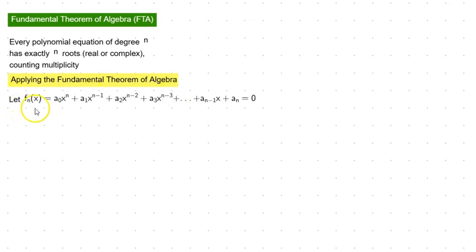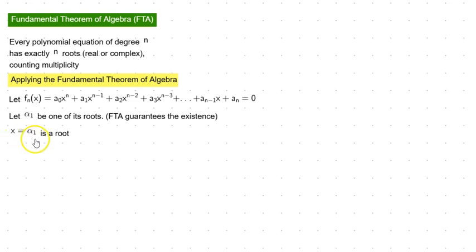Now, let f_n(x) equal a_0 x^n + a_1 x^(n-1) and so on up to plus a_n, equal to 0. Let alpha 1 be one of its roots. And this is where the fundamental theorem of algebra guarantees the existence of alpha 1.